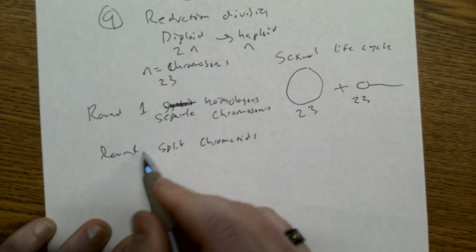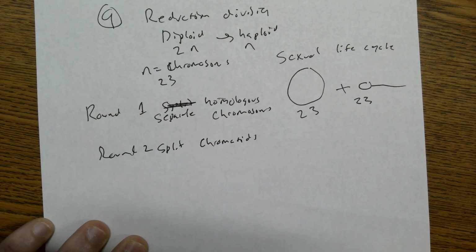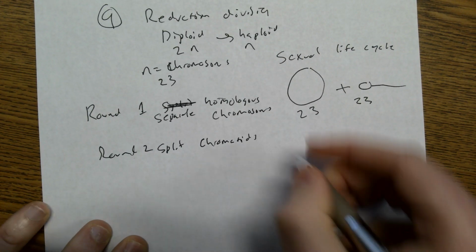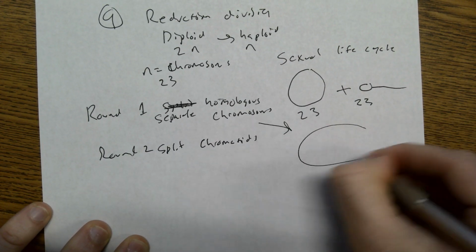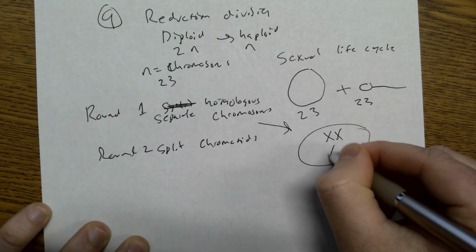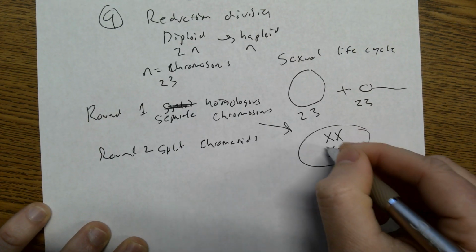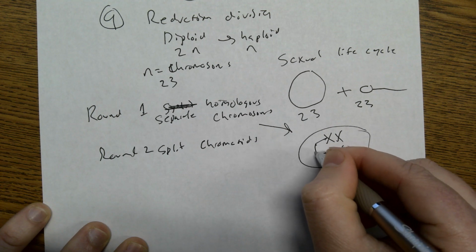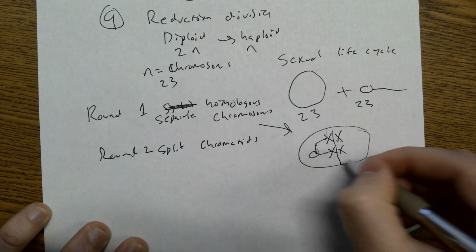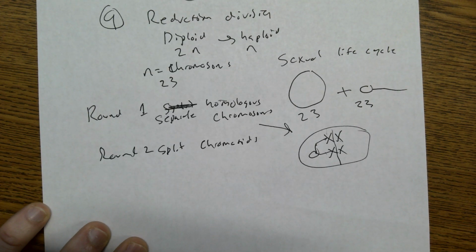So round 2 looks very much like mitosis. Round 1 looks different. In round 1, they line up like this in pairs of homologous chromosomes. And then one will go to one side and one will go to the other side.